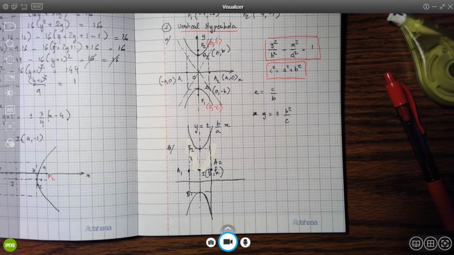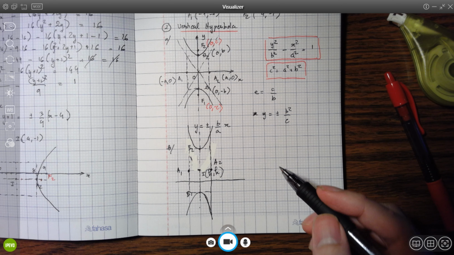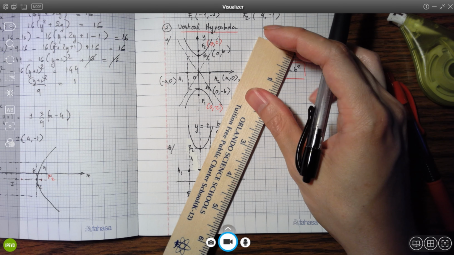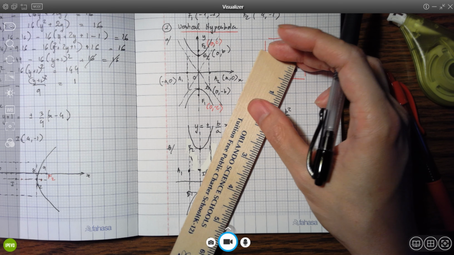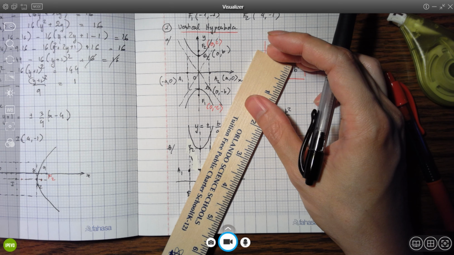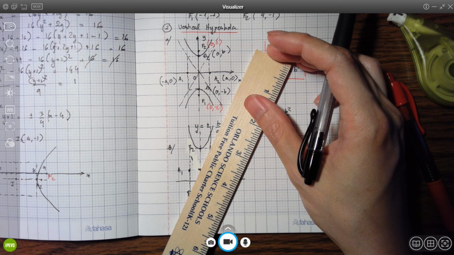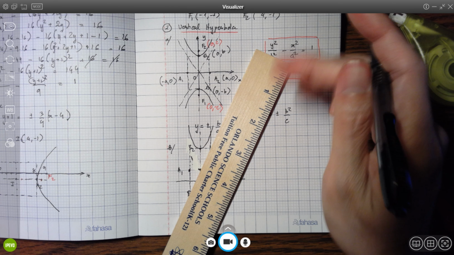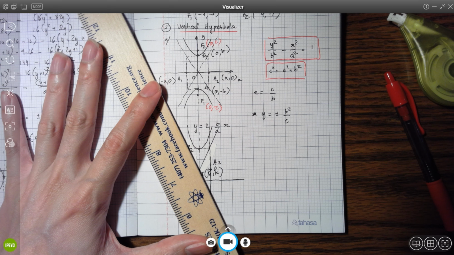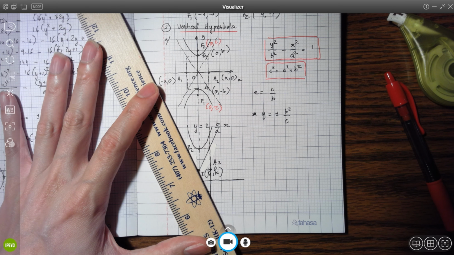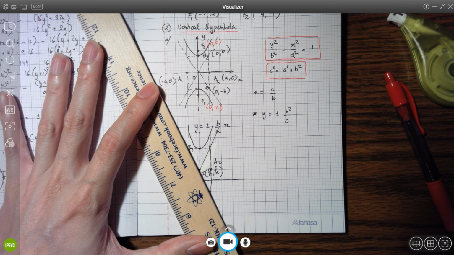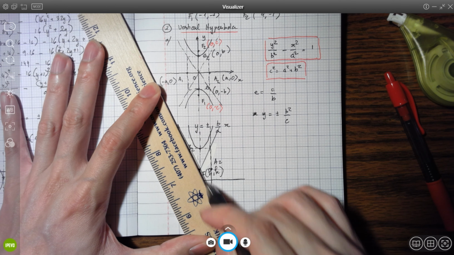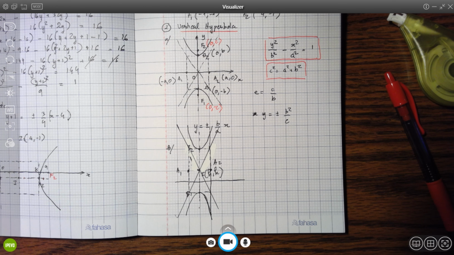And I have the asymptote like this, and here. The asymptote always goes through the corner, the vertex of the box.